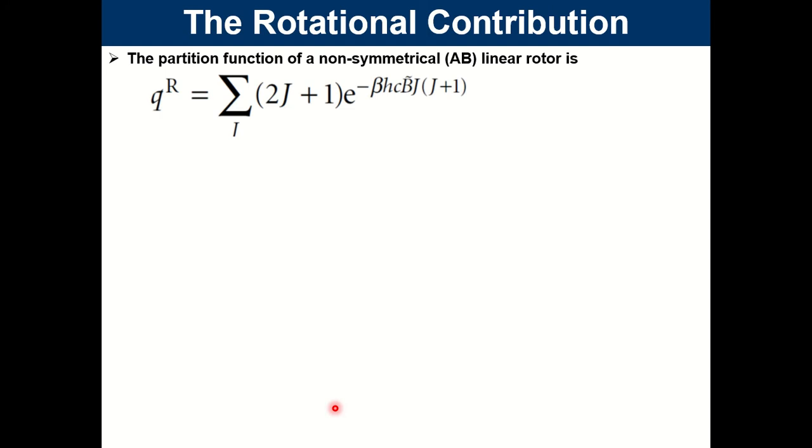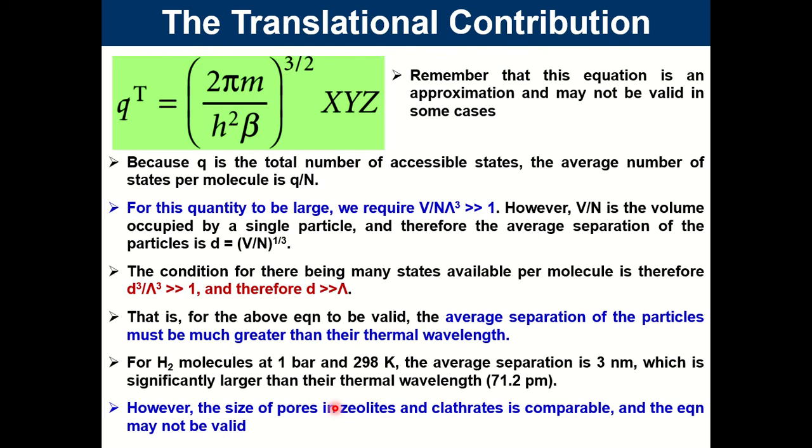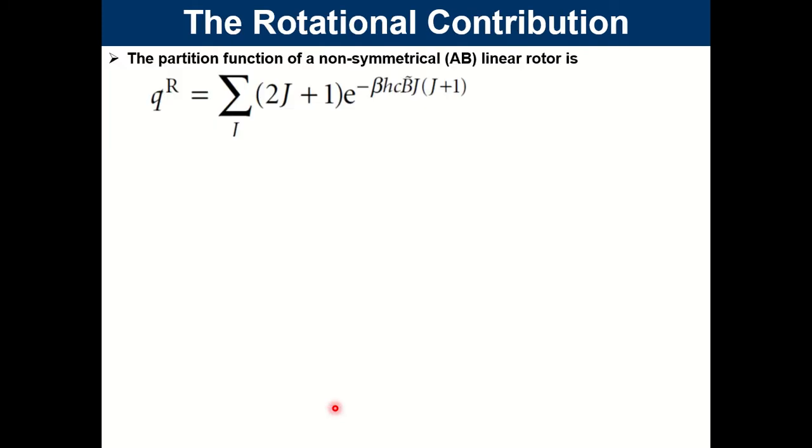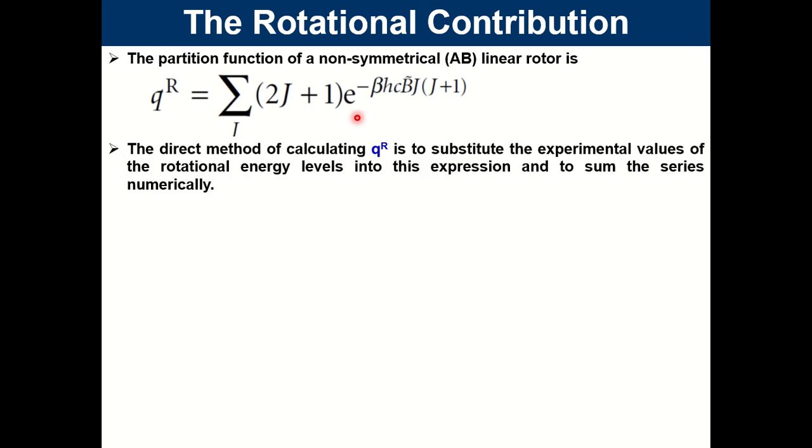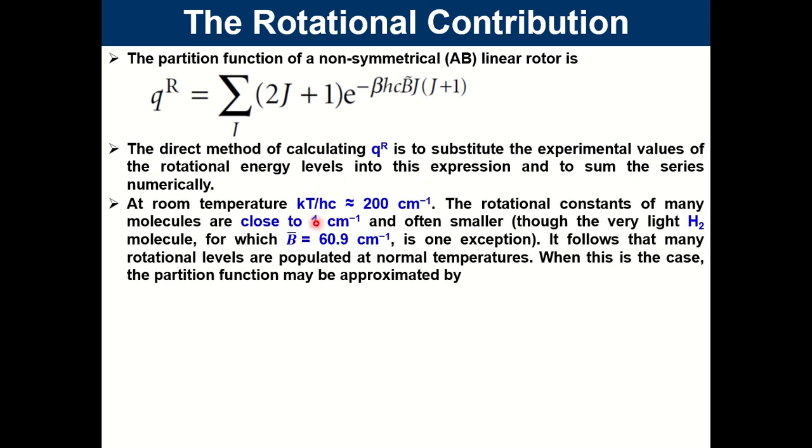Now we come to the rotational contribution to the partition function for a non-symmetric molecule. As we did in the case of the rigid rotor, we derived this equation for an AB type molecule, linear, obviously, if it is diatomic. Let us substitute some values.